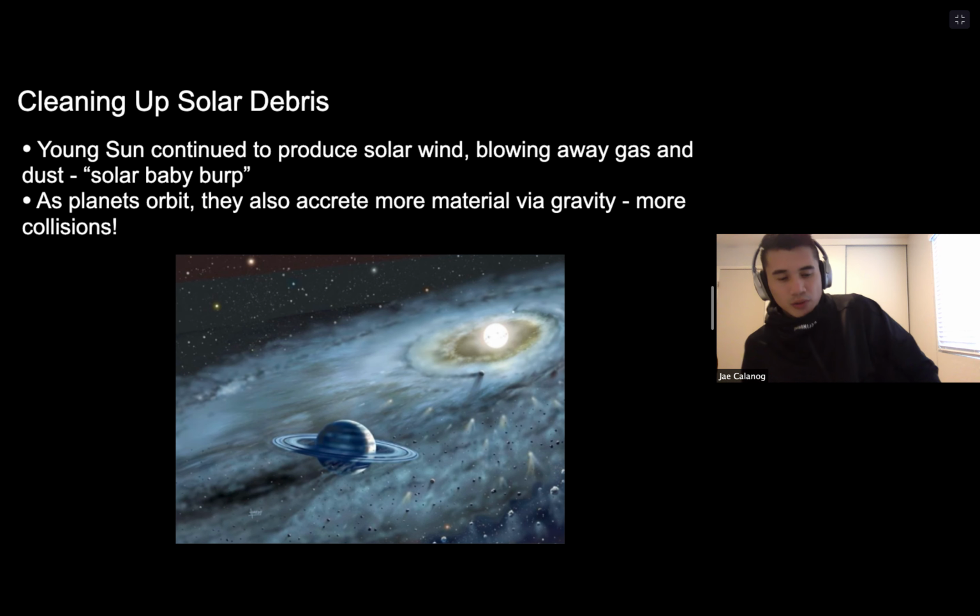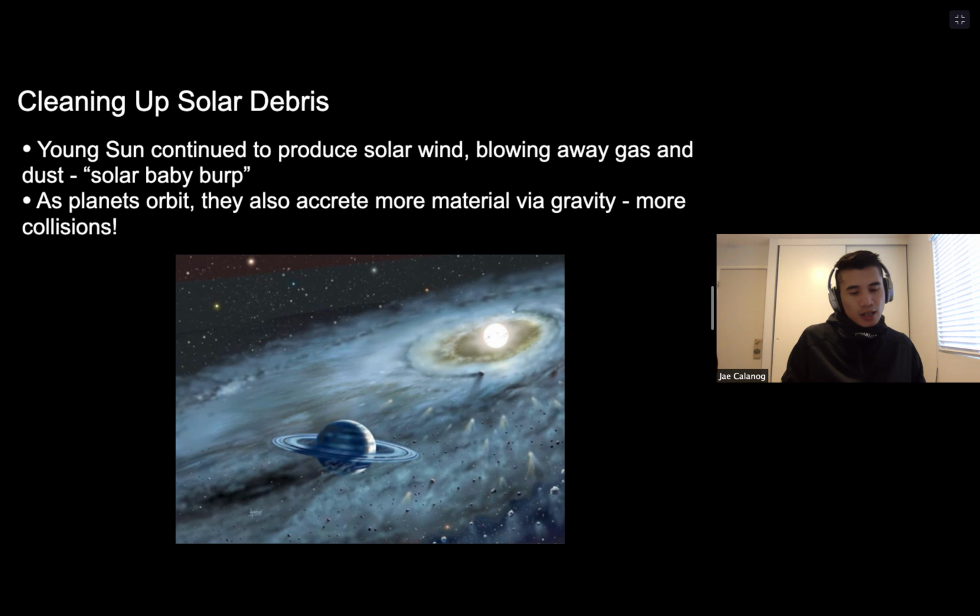Okay, so when all is said and done, if you look around our solar system, it looks amazingly clean and organized. Okay, it's almost like it was cleaned up. There's not much debris when you're looking around our own solar system. And that comes from two main modes of getting cleaned up.